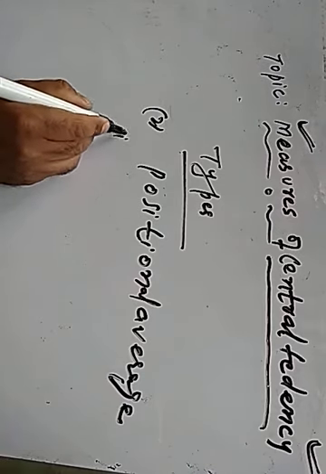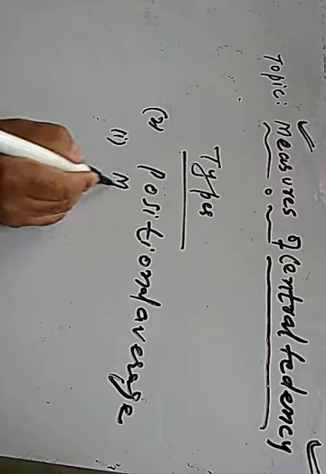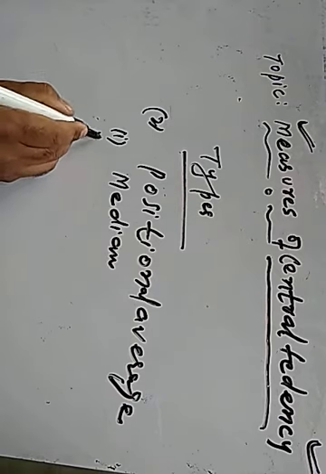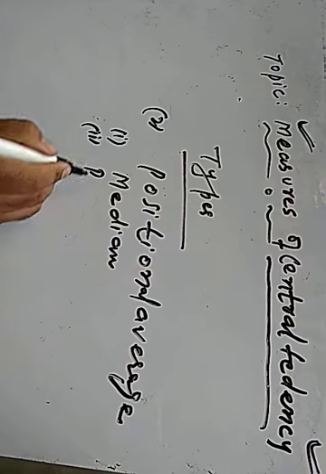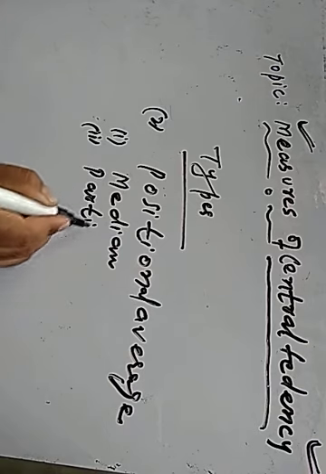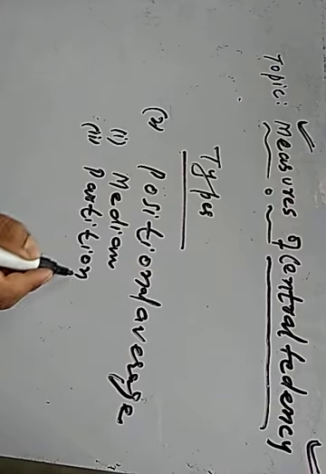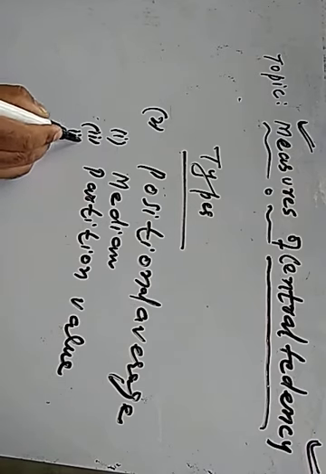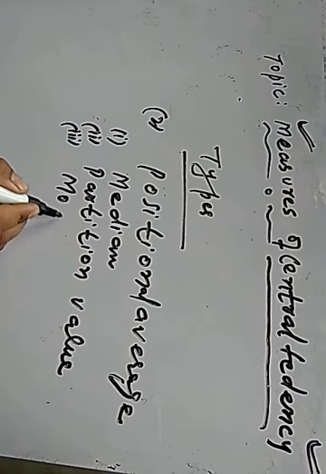Positional average has three types. It includes number one, median. Number two, partition value. And third one is mode.